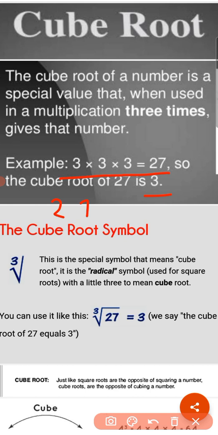That is, the cube of 3 is 27. But we can say that the cube root of 27 is 3. Okay.